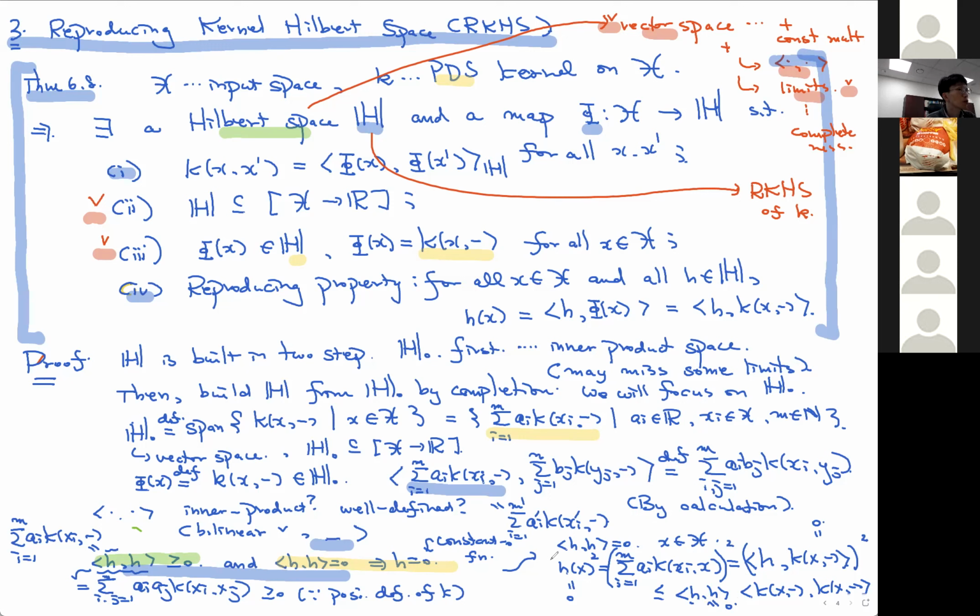Okay, so where we are, we just showed that with our definitions, we have a well-defined notion of the inner product. So this is something that we are done. Now it remains to show number 1 and 4, and that's actually quite easy.